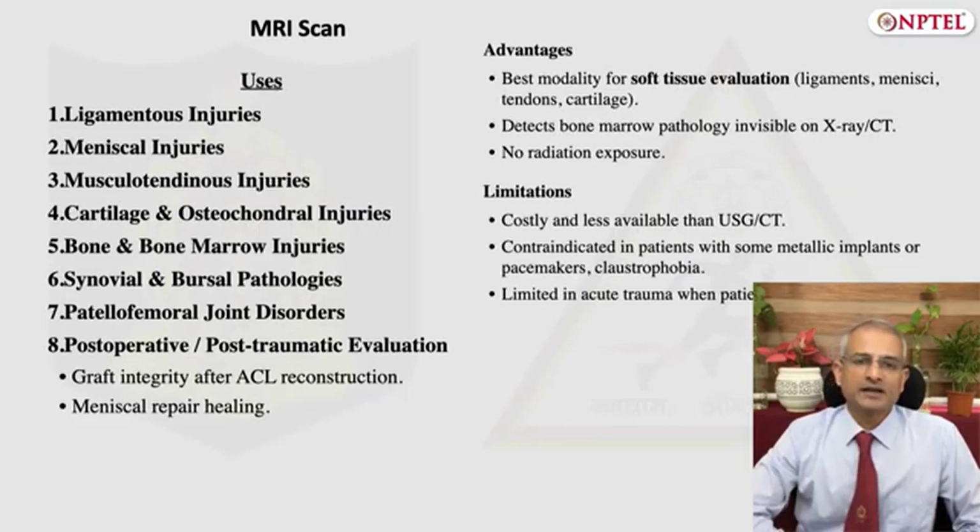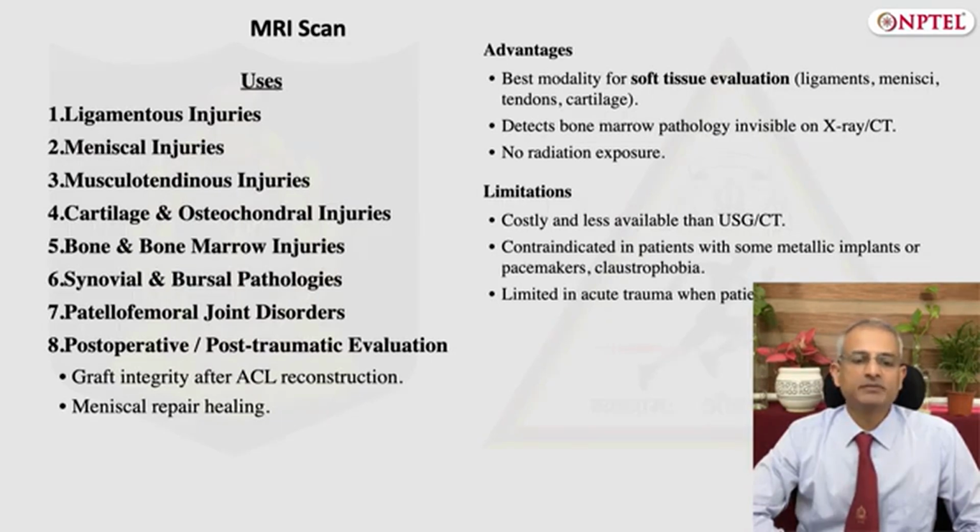For muscle and tendon injuries, it can easily pick up any form of strain or rupture, and the location of the exact injury, like generally in cases of myotendinous injuries, which happen at the junction of the muscle and tendon. It can also detect synovial pathology, any fat pad inflammation or bursal inflammation.